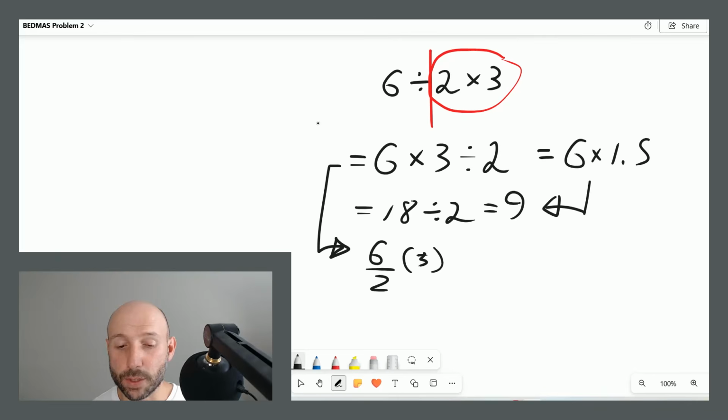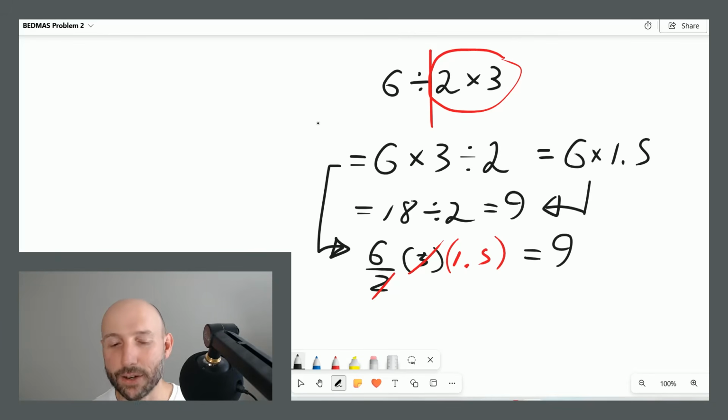So, you can multiply the 6 and the 3 first and get 18 over 2. You can divide the 6 by 2 first and get 3 times 3, or you can divide the 3 by 2 first, and you get 1.5. And 6 times 1.5 is 9.